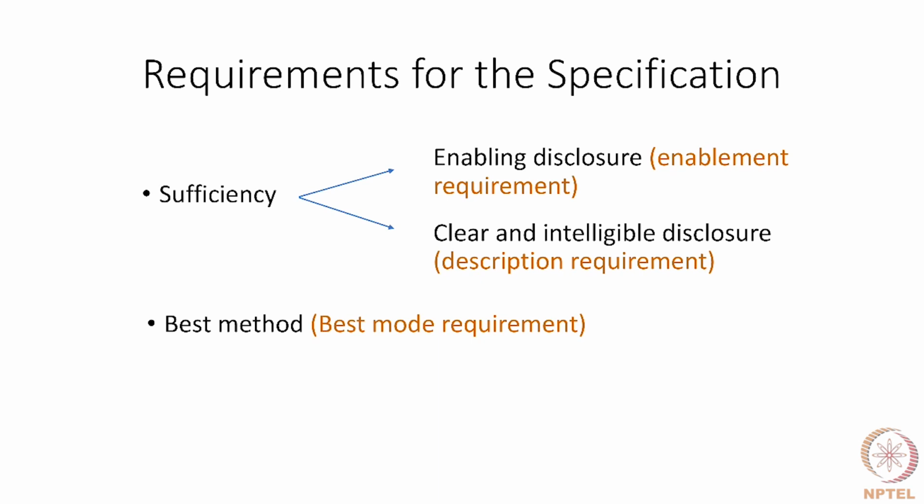This is the best method. Apart from the sufficiency and best method requirements, you also have the utility requirement, which means the fact that the invention is useful should come out in the description. So the descriptive part of the specification, by which we mean the parts other than the claims, we have already covered the claims, should satisfy broadly these three requirements: sufficiency, best method, and utility.